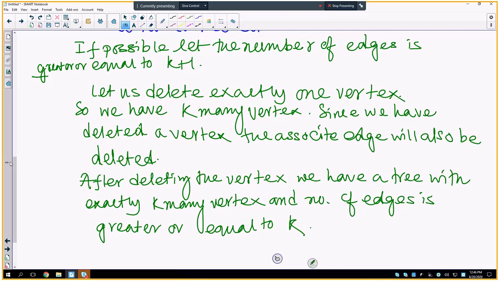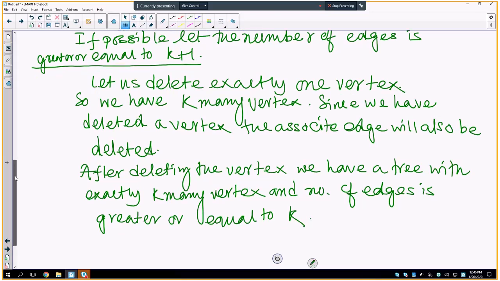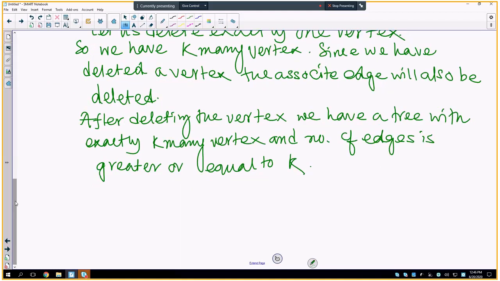I'm assuming that there are greater or equal to k plus 1 many edges. If you delete one vertex and the corresponding edge, the number of edges is lower by 1. So if you lower k plus 1 by 1, you get k. So now you have a tree with k vertices, but the number of edges is either k or more, which is a contradiction.